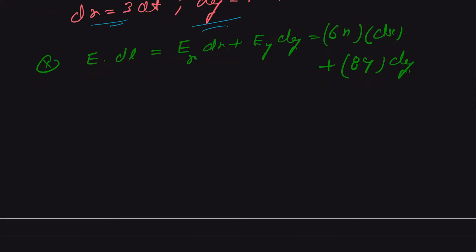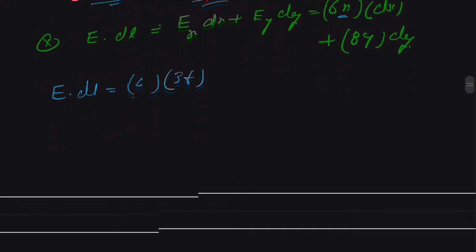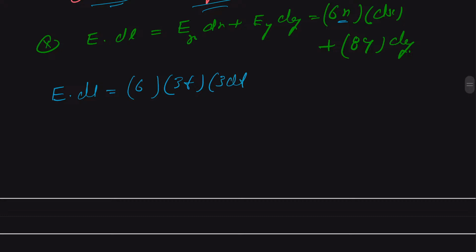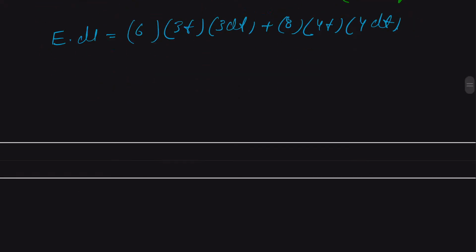So we get this as E dot dl will be equal to, here we substitute value of x, so this comes as 6 times 3t and dx is 3 dt, plus 8 times 4t and 4 times dt. So we get this as 54 plus 128, so that will be equal to 182t dt.